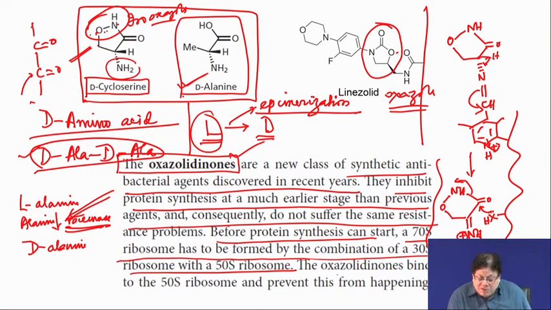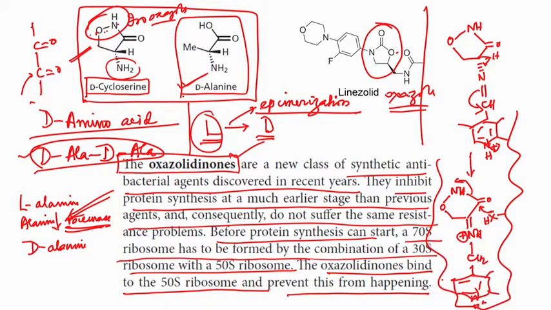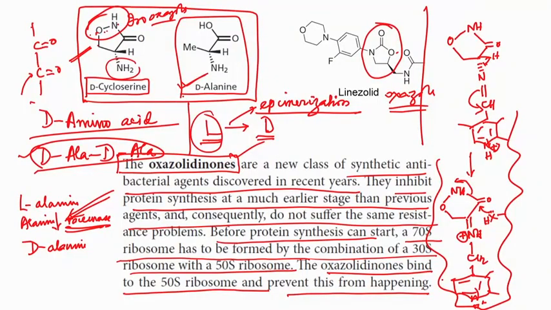Now, what happens, these oxazolidinones bind to the 50S ribosome and prevent the 30S from binding to the 50S ribosome to make the whole complex, that is the 70S ribosome. So, that is their mechanism of action. So, it is a covalent, not non-covalent interaction. Okay.